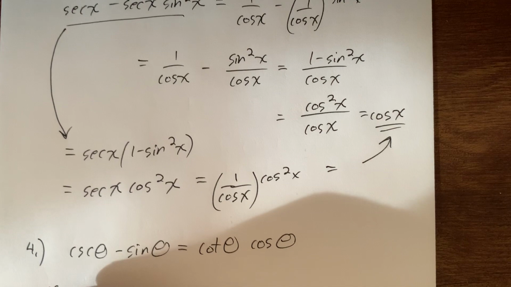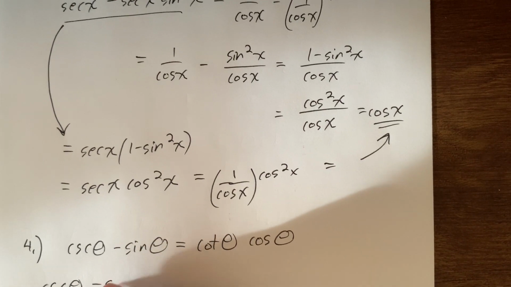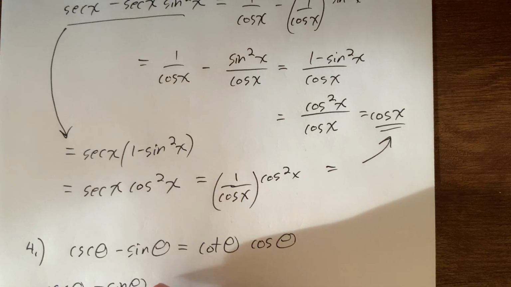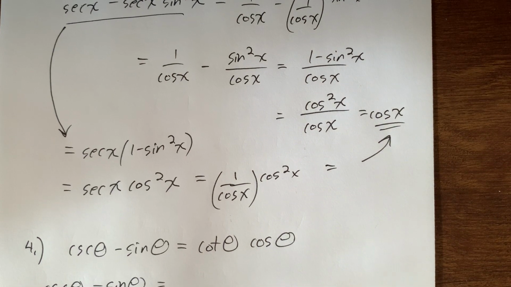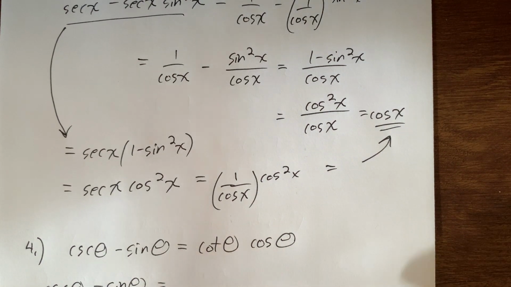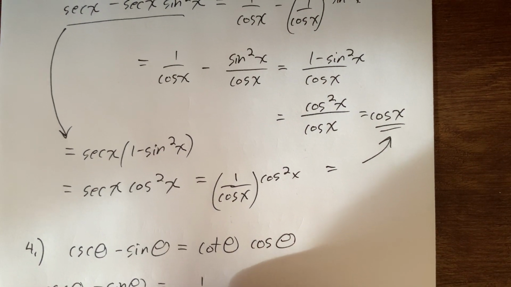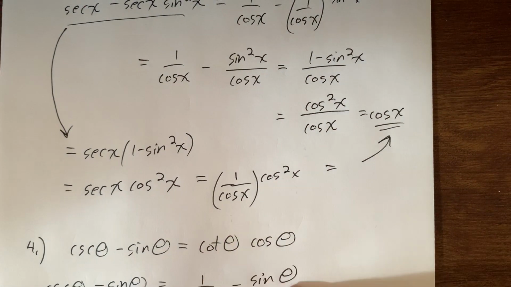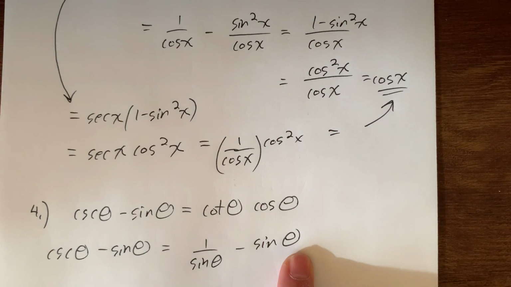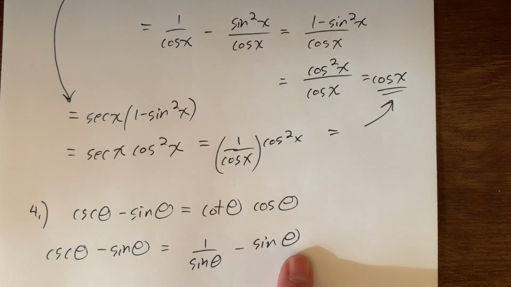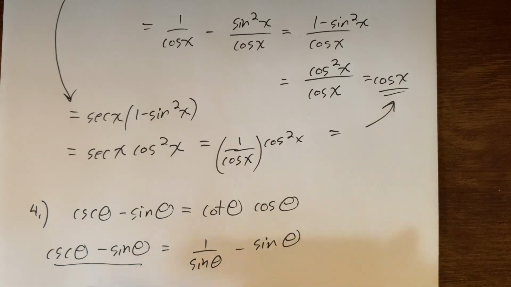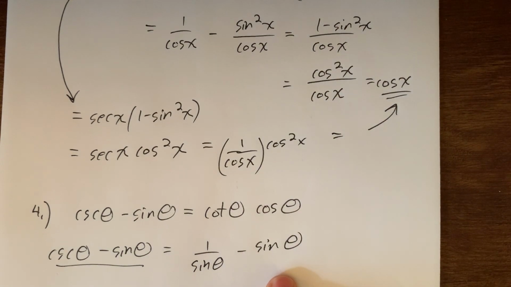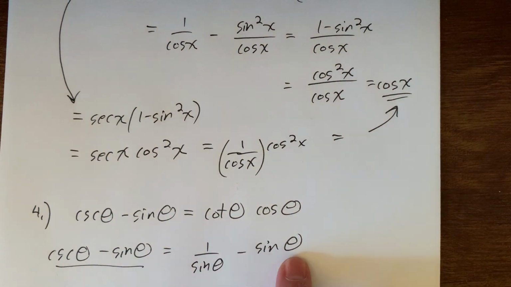So I'll start with the cosecant minus sine. First thing, nothing too crazy happens. Cosecant is just 1 over sine minus sine. That I can't do anything with. And very quickly, it feels like I'm a little stuck. So again, I started here, 1 move, but that's where the subtraction helps.